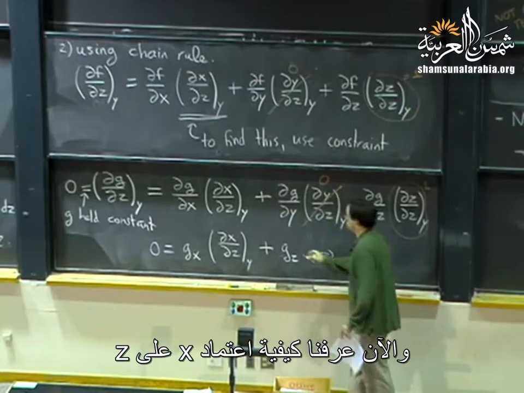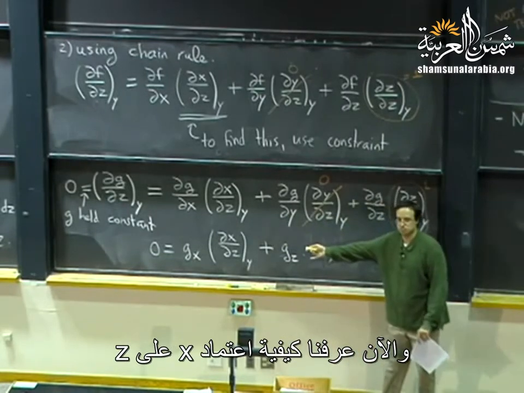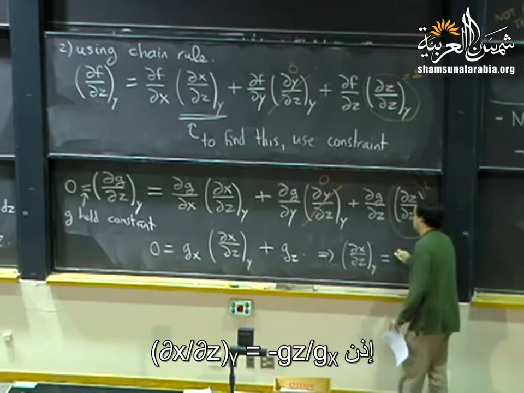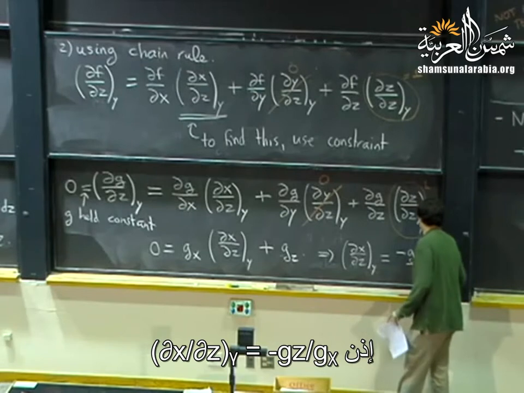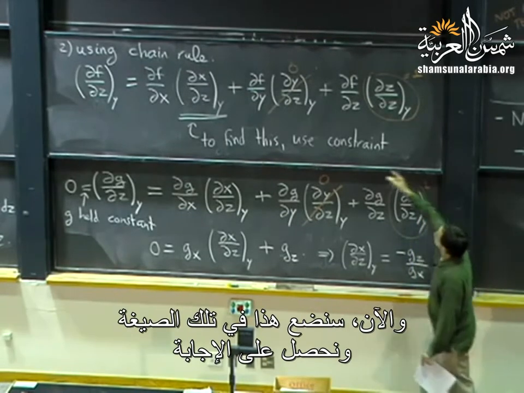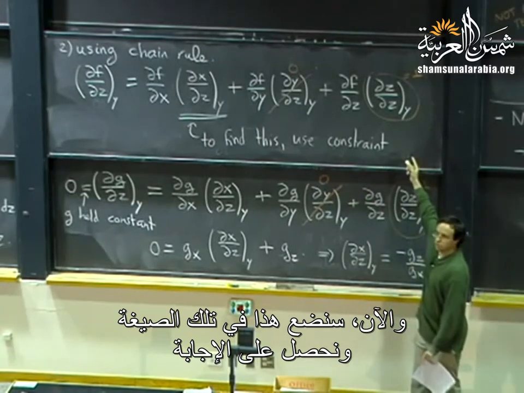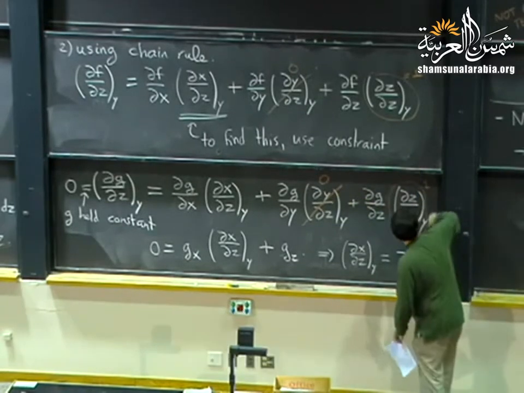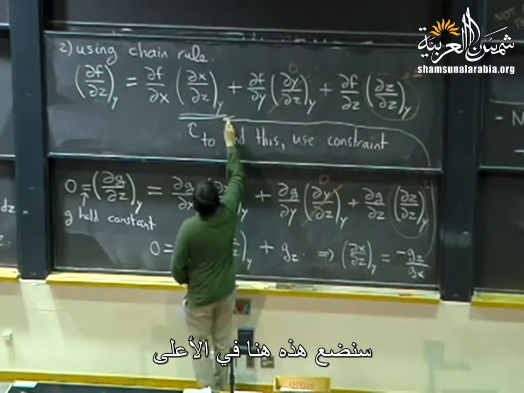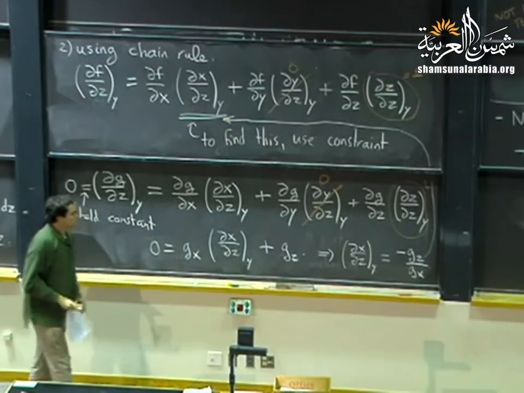Okay, and now we found how x depends on z. Partial x, partial z with y held constant is negative g sub z over g sub x. Now we plug this into that, and we get our answer. Okay.